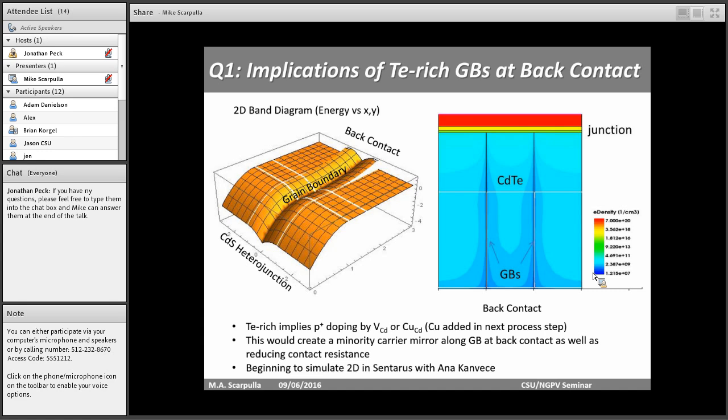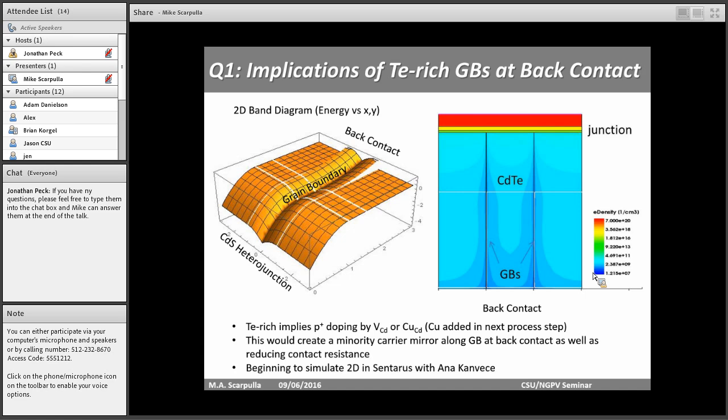But then near the back contact, what if we induced a local doping or local composition such that the energy band diagram presented a reflector for those electrons at the back contact. So you can collect those electrons throughout the main thickness of the film, but right at the back they get turned around, sort of like a localized minority carrier mirror along the grain boundaries.